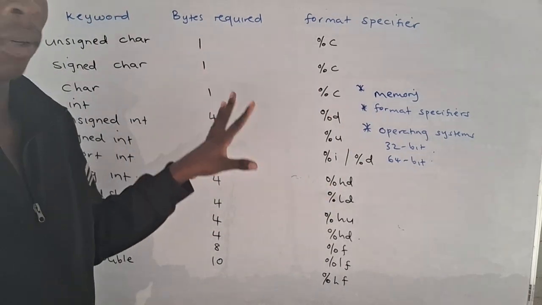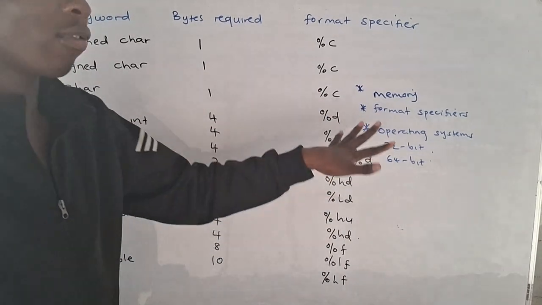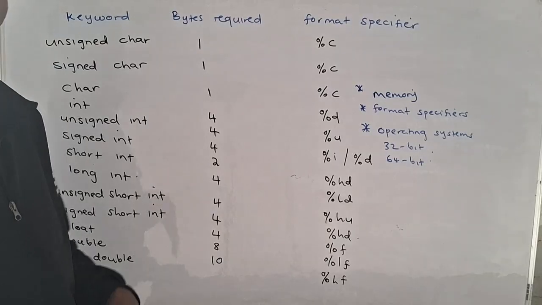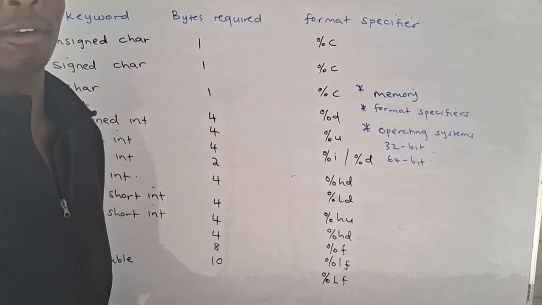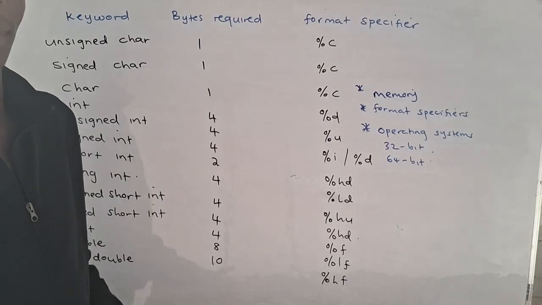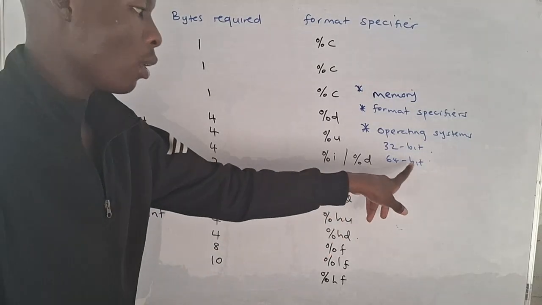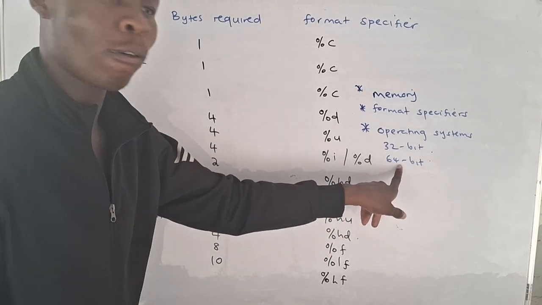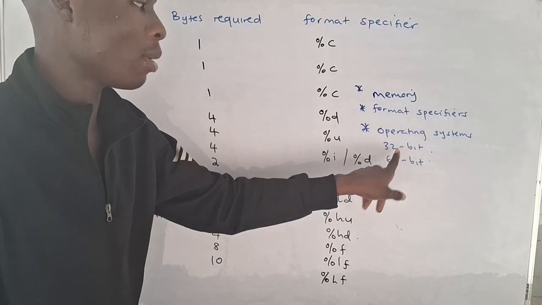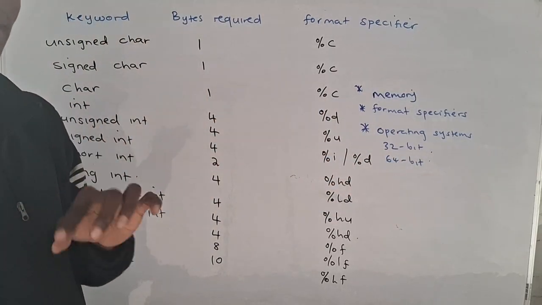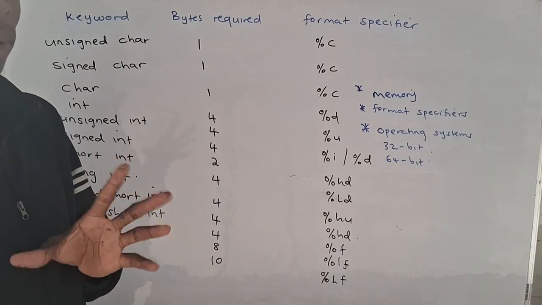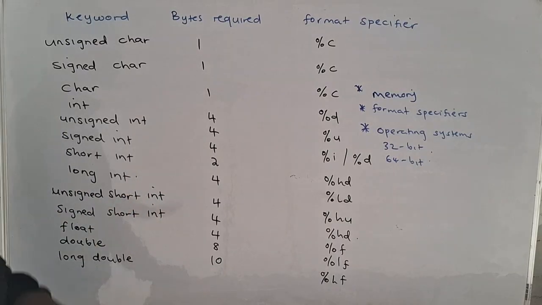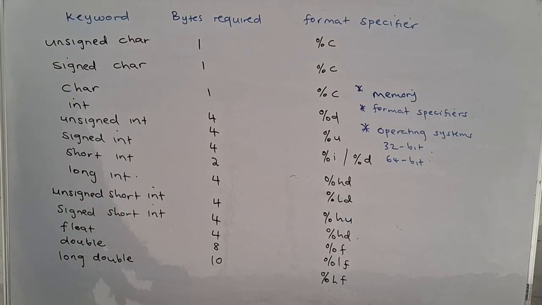Some computers have 32-bit operating systems and some have 64-bit. If an integer uses 4 bytes here, it doesn't mean that in a 32-bit operating system it is going to use 4 bytes again.